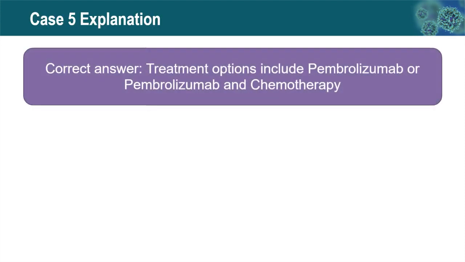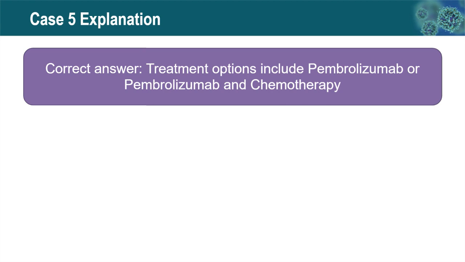The answer is C, which includes options A or B, where A represents pembrolizumab and B represents the option of pembrolizumab plus chemotherapy. So in this particular question, we are asked whether a patient with a known rheumatoid arthritis may be suitable for immunotherapy.